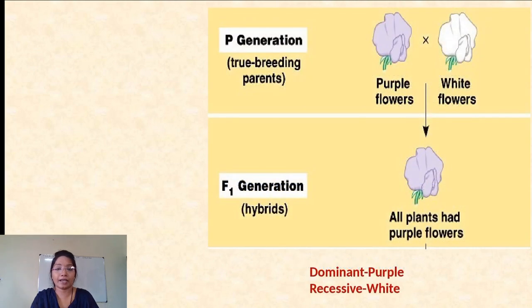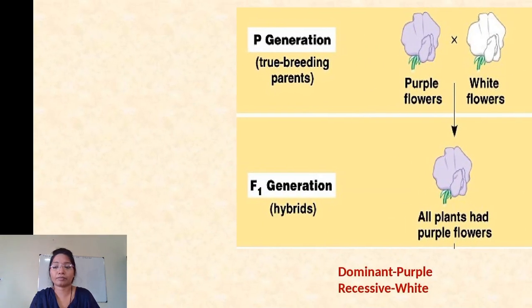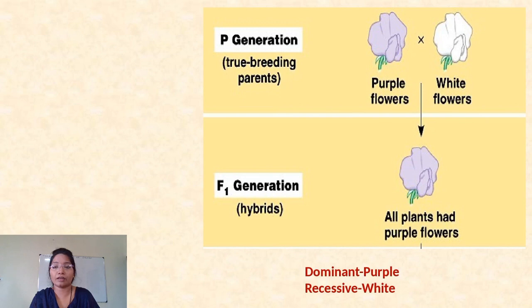Let us take an example. In this example, Mendel crossed purple flowers with white flowers. After crossing, in the F1 generation, all plants had purple flowers.